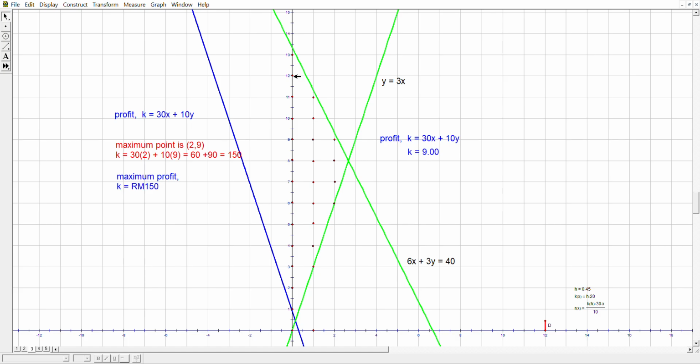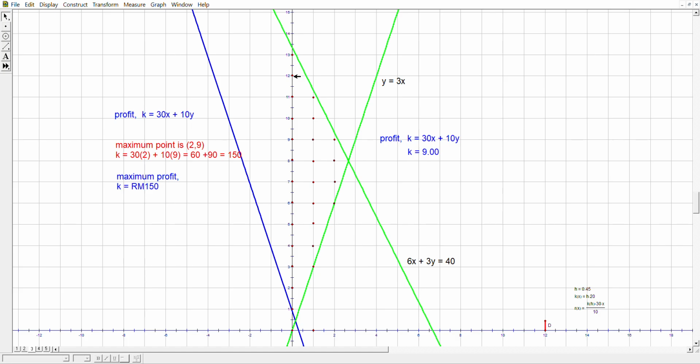Now all the points bounded by the two green lines and the y-axis, they satisfy the inequalities.